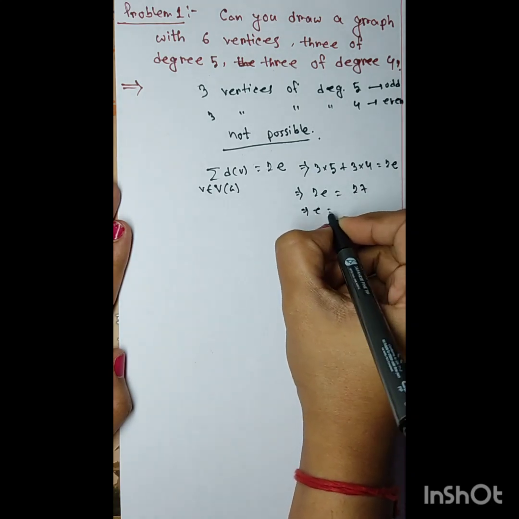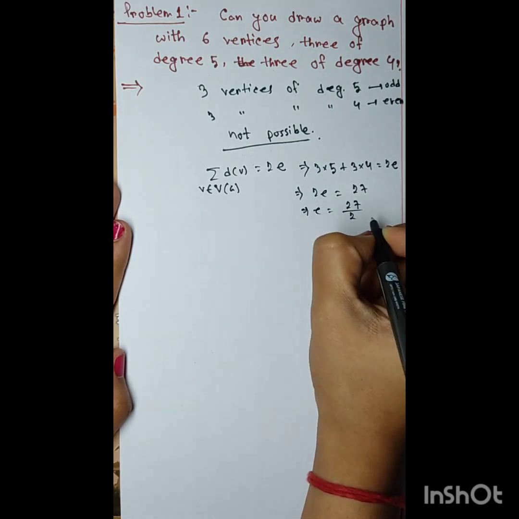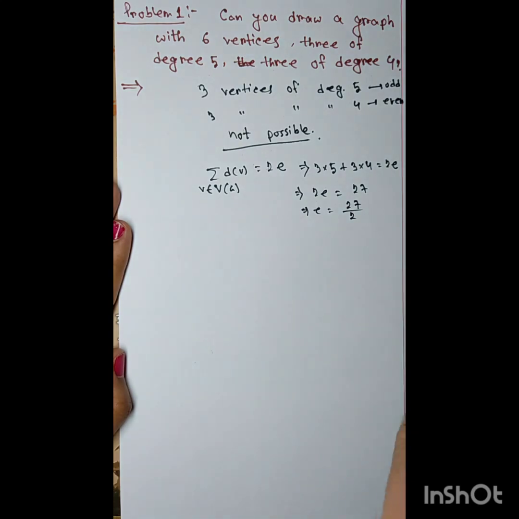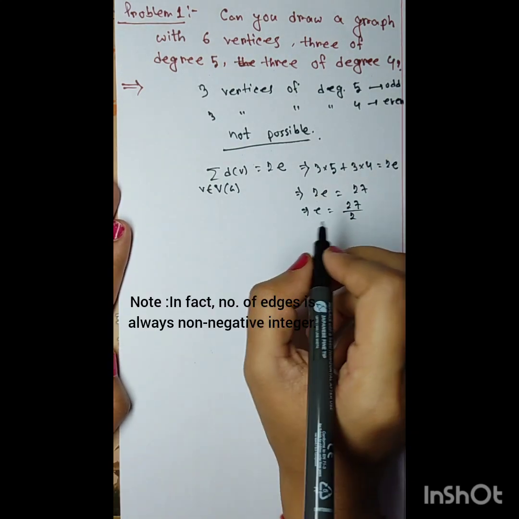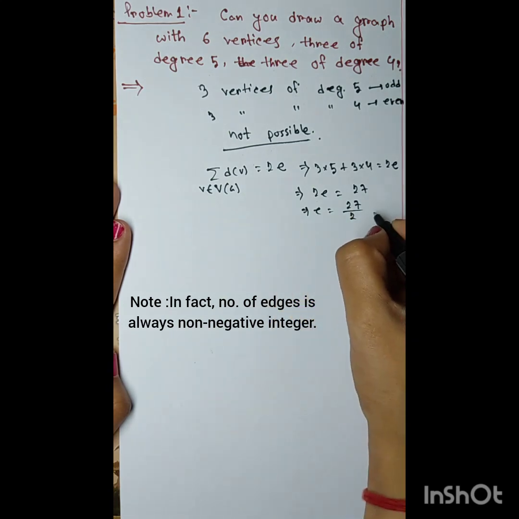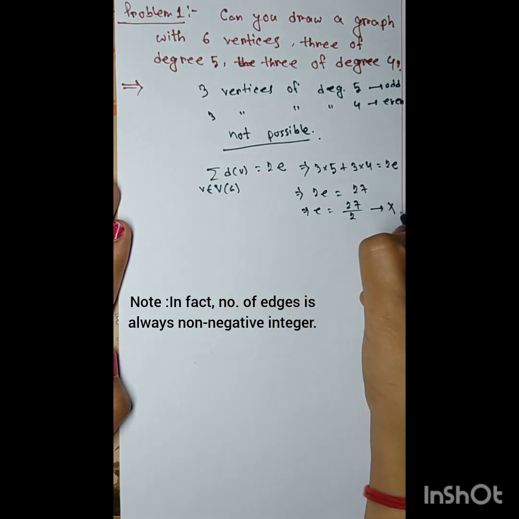So E is equal to 27 by 2, which is not an integer. The number of edges is always an integer, so it is not possible.